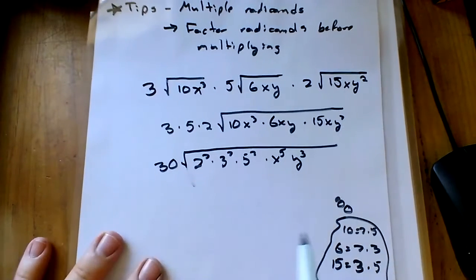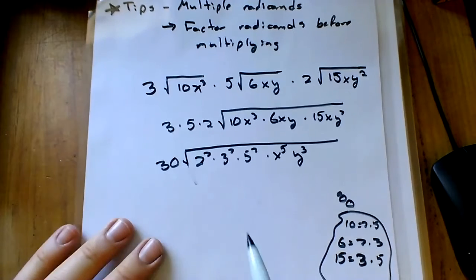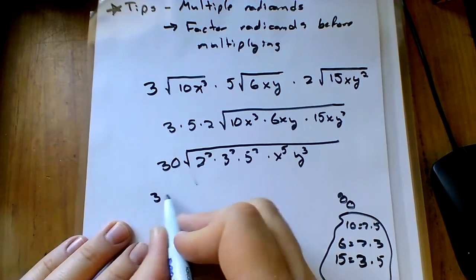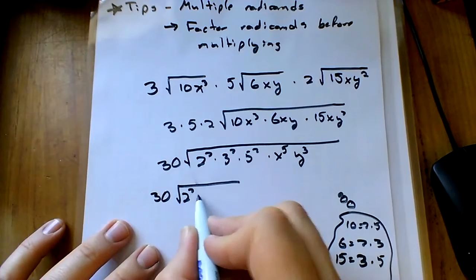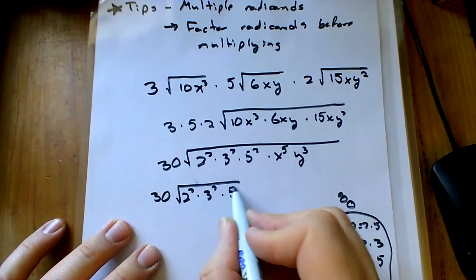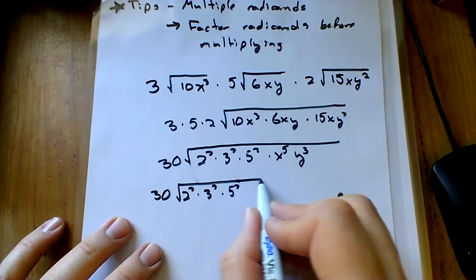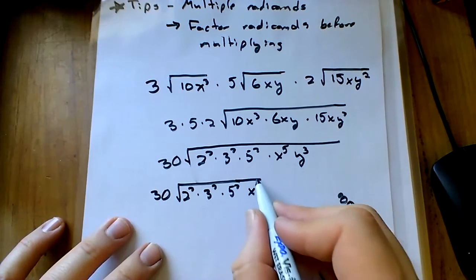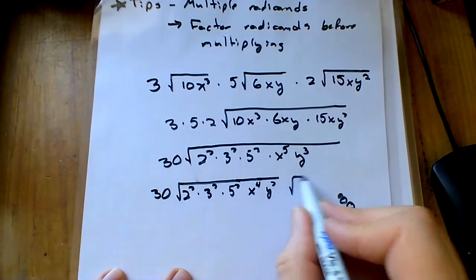And now looking at this, this is a lot easier to parse. I can then say, here are my perfect squares. I've got this 2 squared times 3 squared times my 5 squared. And then I could say I'll have an x to the 4th and a y squared here. And what do I have left over here?